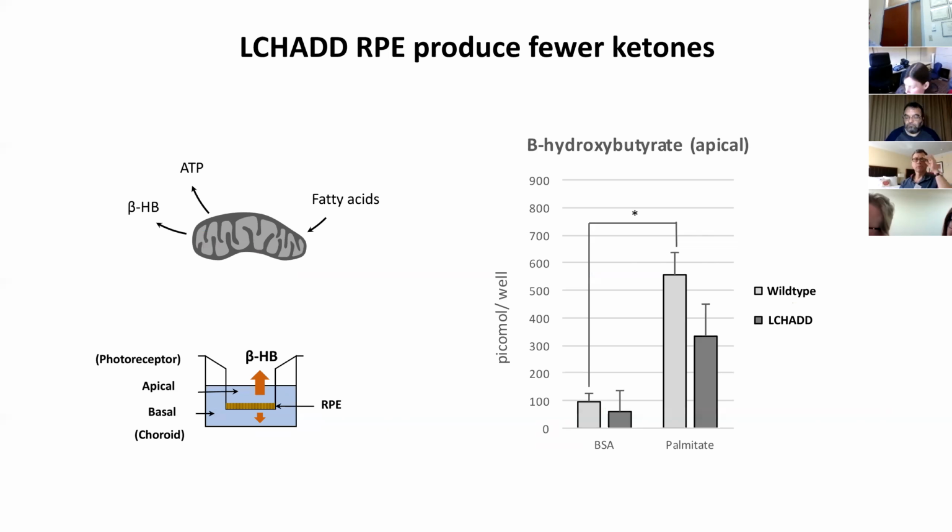In this particular experiment, we assayed media collected from the apical chamber of a transwell system for the presence of beta-hydroxybutyrate following exposure to either BSA or BSA conjugated to palmitate. And we found that the amount of beta-hydroxybutyrate released was reduced in LCHAD deficient cells. So this suggests that if they are releasing fewer ketones, then this may affect the health of the photoreceptors.